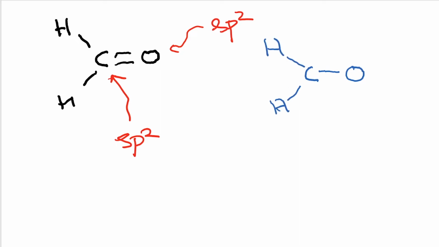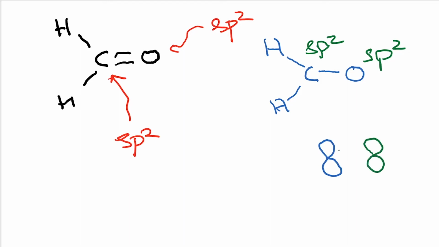This is done by the sp2 carbon and the sp2 oxygen. And then we have a pi bond. The pi bond consists of two p orbitals, one on oxygen and one on carbon. And so this forms the pi bond, which helps us understand the double bond.